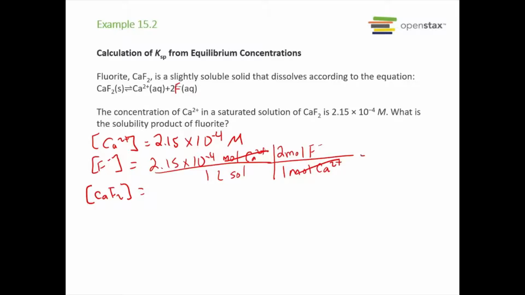So then that tells us that our concentration of fluoride is 4.30 times 10 to the negative 4th moles per liter, molar.